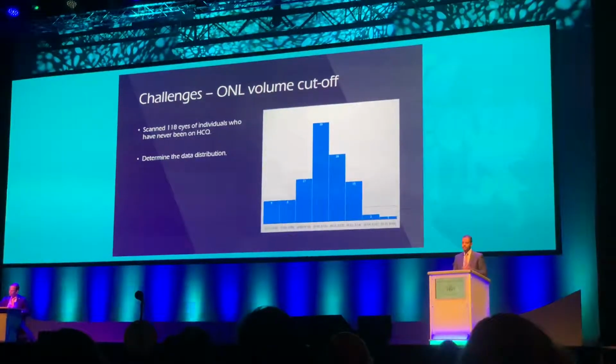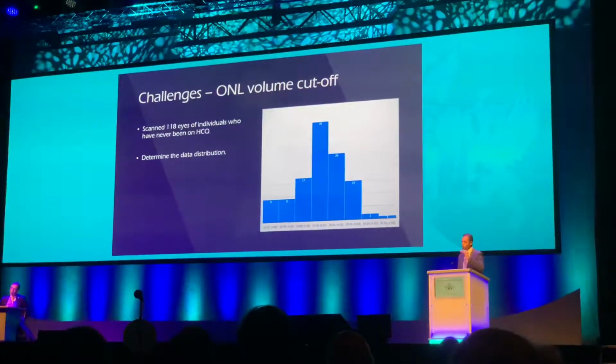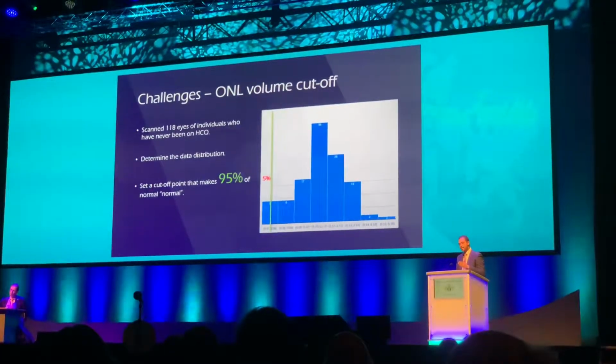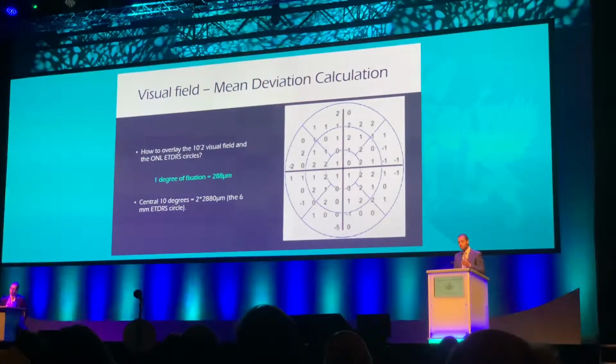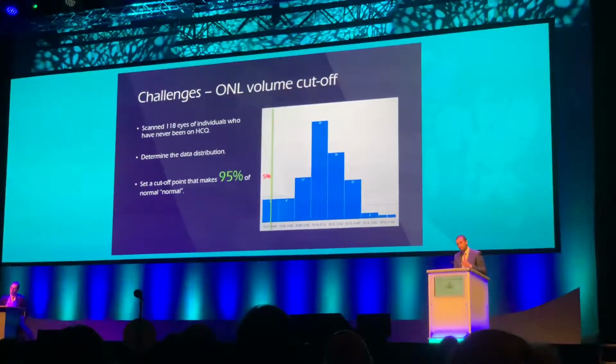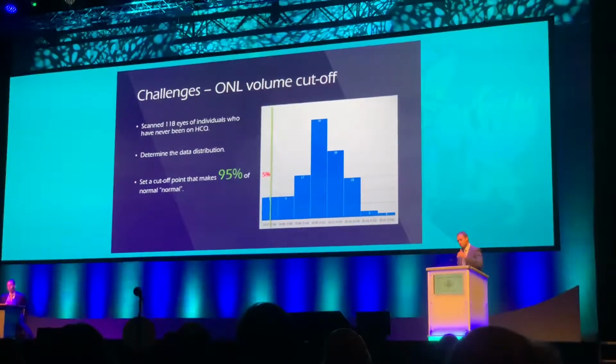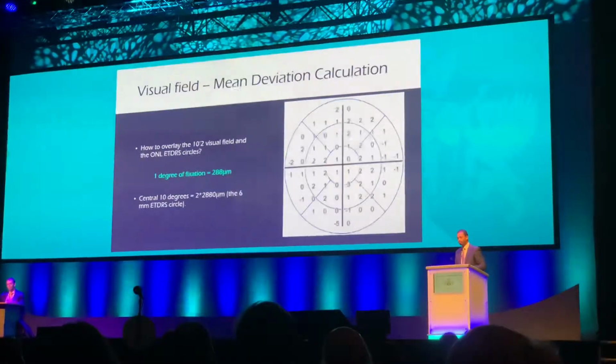We scanned 118 eyes of subjects who have never been on hydroxychloroquine. We plotted the data to determine the distribution, and then we set a cutoff point that allows 95% of the normals to be within normal. So the cutoff is below 5%.